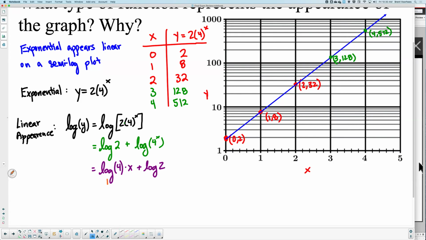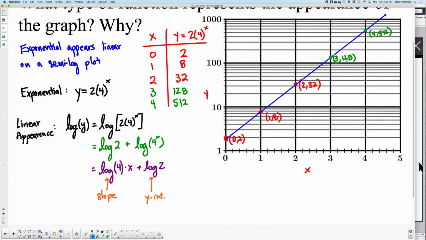This is the appearance of slope. This would be the y-intercept. Notice, where was our y-intercept? What's the y value of the intercept? 2. What do I have here? Log 2. The difference with the slope is we're actually multiplying by 4 all the way. See how it goes 2, 8, 32, whatever?